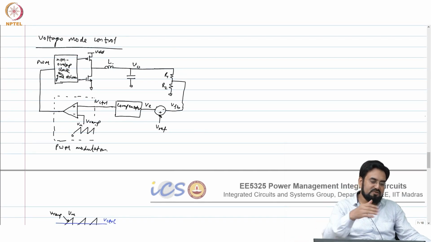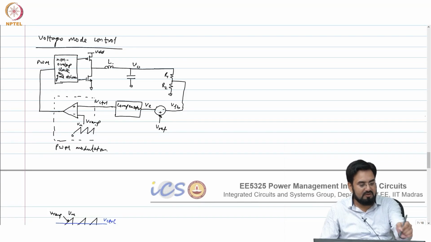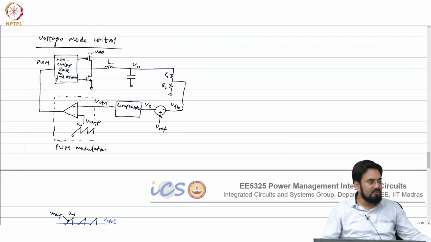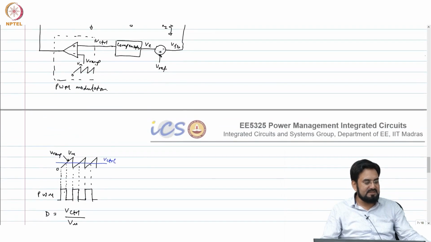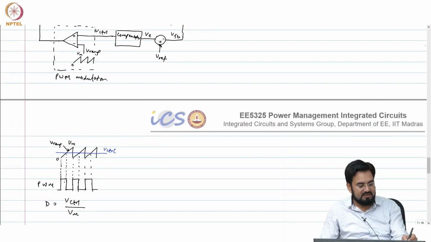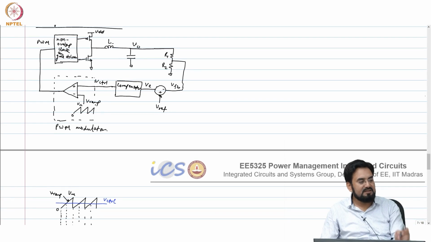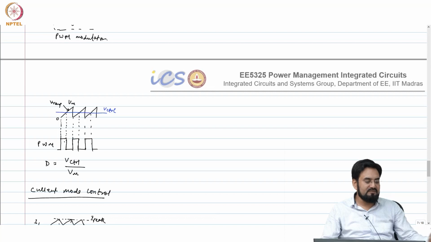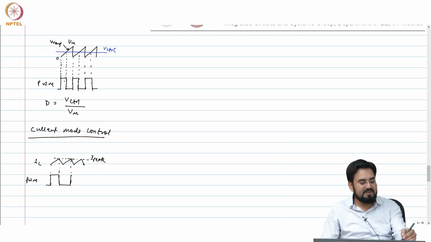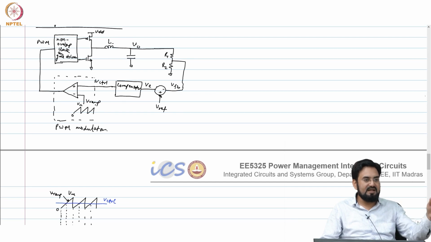So there is no ramp as such here. In voltage mode you are comparing a sawtooth with the control voltage, and control voltage is DC. Here you keep setting and resetting the duty cycle. It will go to 1 as soon as you set, and when the current reaches some peak, you reset it. There is no sawtooth in the case of current mode, because that ramp is basically the inductor current itself, which has the shape of a ramp.